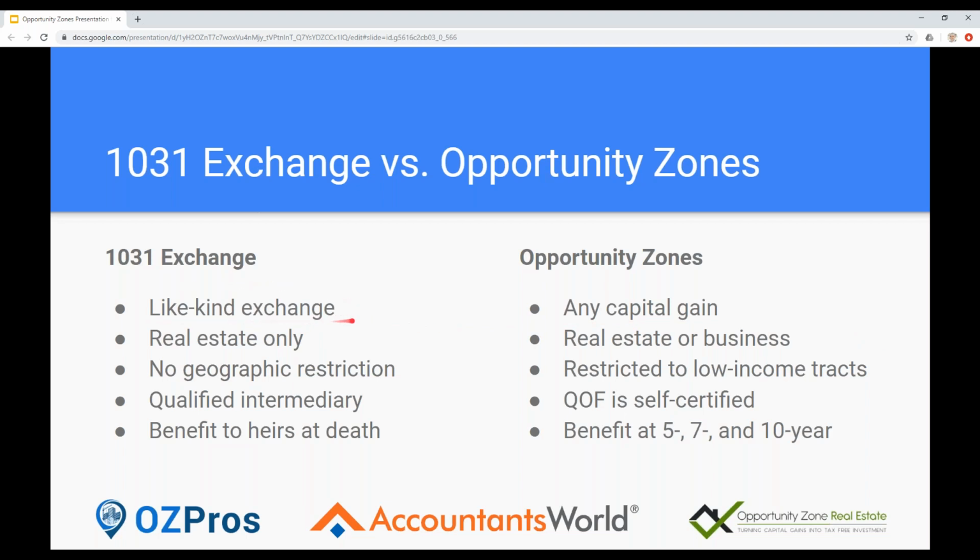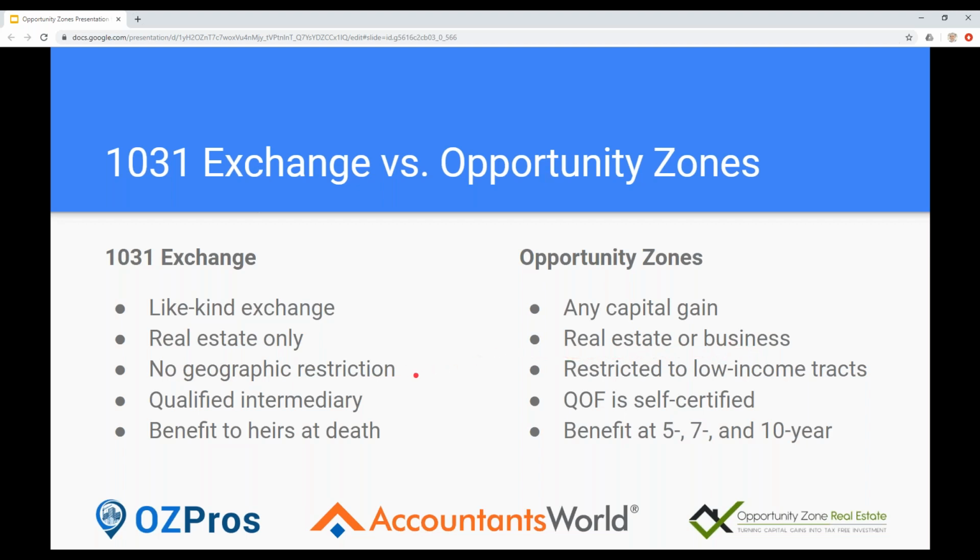The 1031 exchange obviously is a like-kind exchange, whereas Opportunity Zones can apply to any capital gain: sale of stock, sale of business, sale of real estate, sale of art, pretty much anything under the sun. It's much less restrictive in that way. The 1031 exchange only applies to real estate, whereas investment in Opportunity Zones can take place in the form of real estate or business or both.